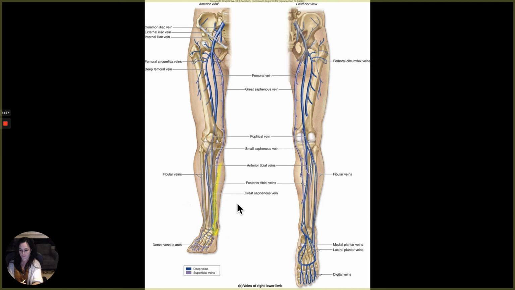the medial surface and goes all the way up the medial portion of the thigh. That is the great saphenous vein. Some textbooks call it the greater saphenous vein. And that one usually dumps into the femoral vein. And then the small saphenous vein runs behind the lateral malleolus at the back of the leg, and then it dumps into, let's see, this guy right here.